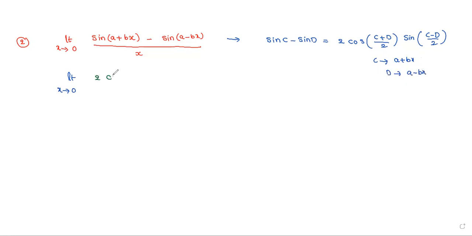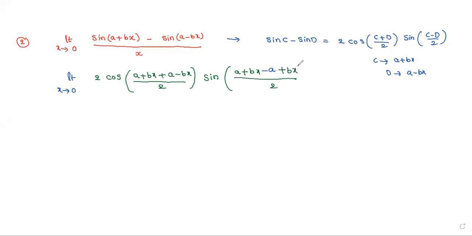So 2 cos of ((a plus bx) plus (a minus bx)) by 2, sin of ((a plus bx) minus (a minus bx)) by 2, by x.